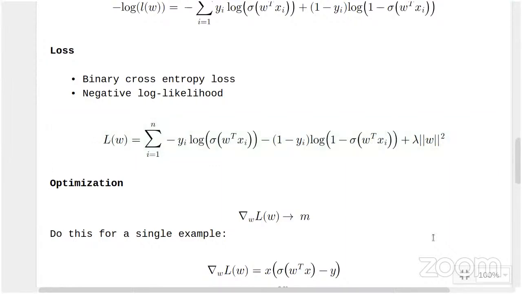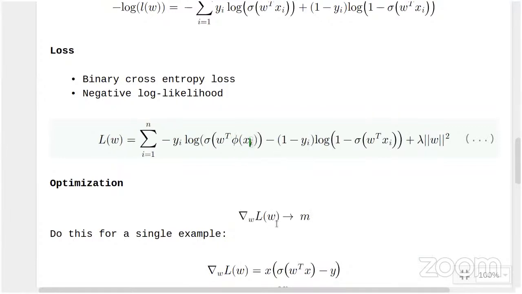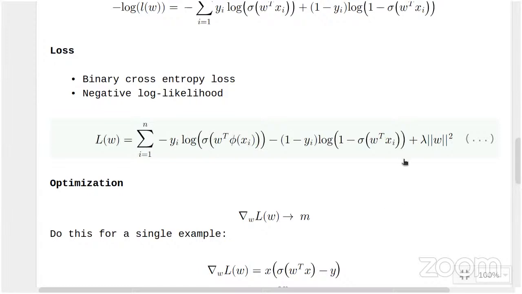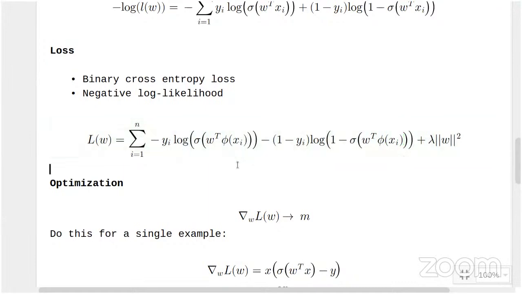We can regularize any convex function. It seems obvious that you can always add this regularization, and you could of course transform x to some higher dimensional space. Instead of xi, you could always have some phi of xi. That would make your algorithm even more powerful. This is something you already know: do a polynomial transformation of x using some phi of x, and then add some regularization.